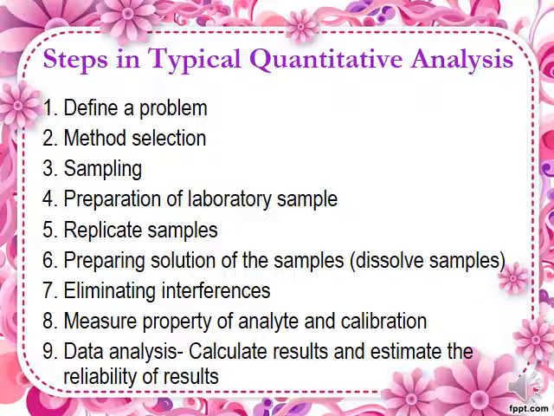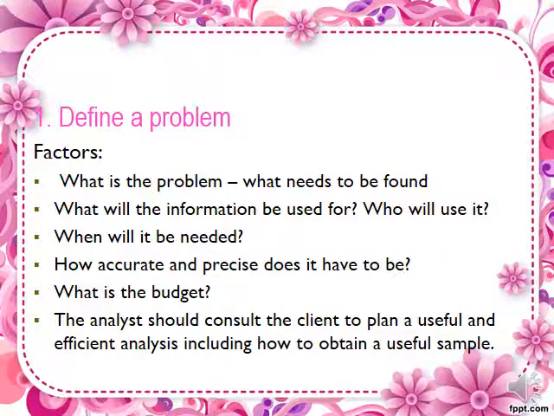Okay, next we move on to the steps involved in quantitative analysis. So there are 9 steps involved, okay. The first one is defining a problem, okay. So what are the factors that normally are involved when we define a problem?